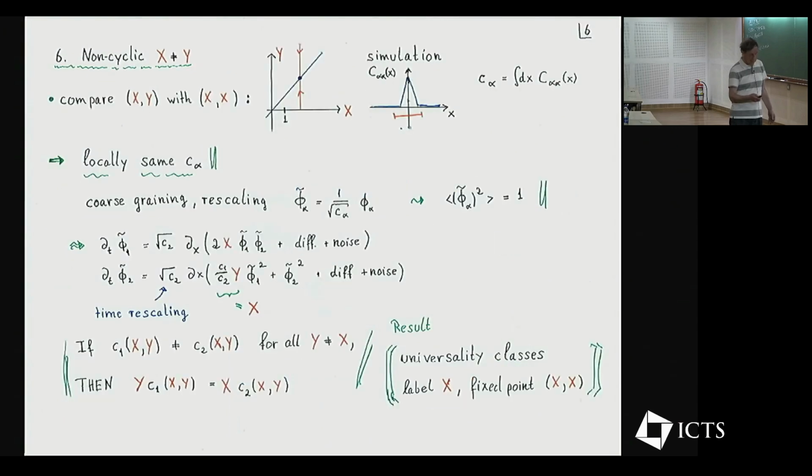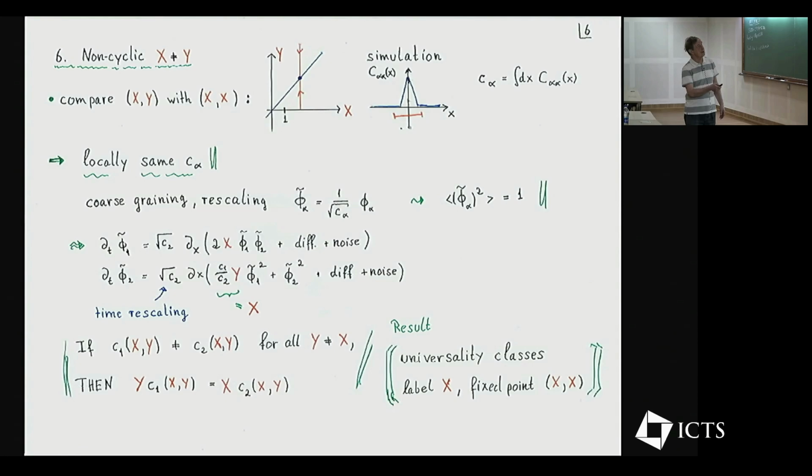So I don't have so much more to say. So let's say what is the simple argument why we believe that these flow lines are actually parallel to the y-axis. This is a simple scaling argument, which I can easily explain. So let's have a look.